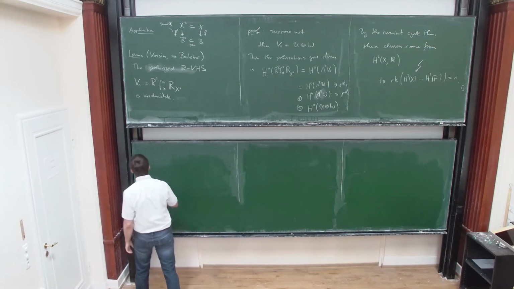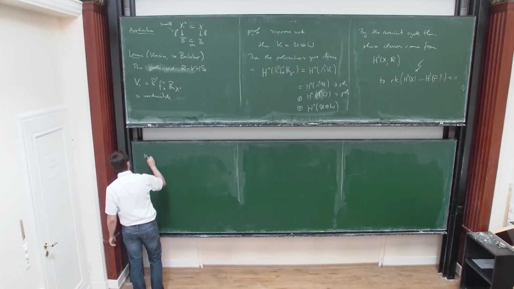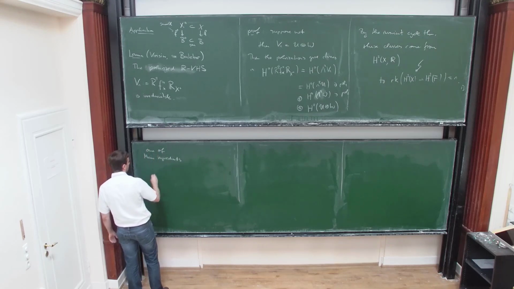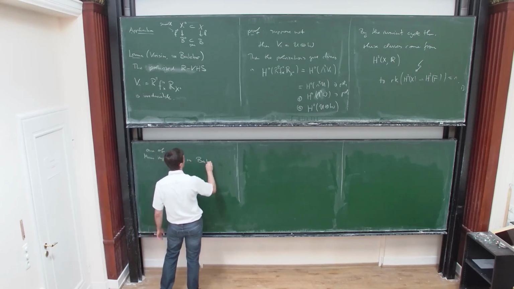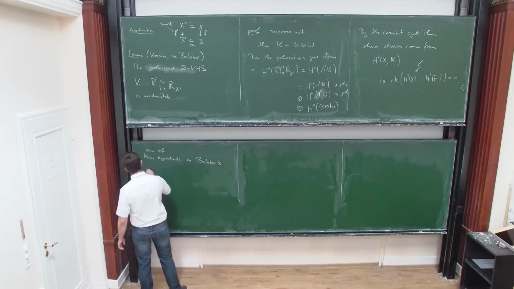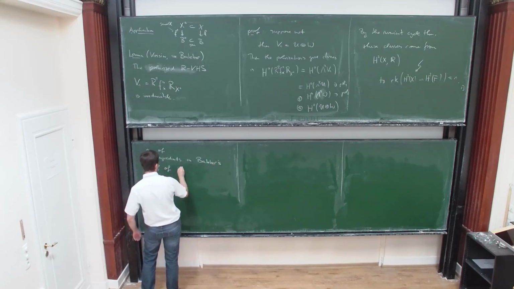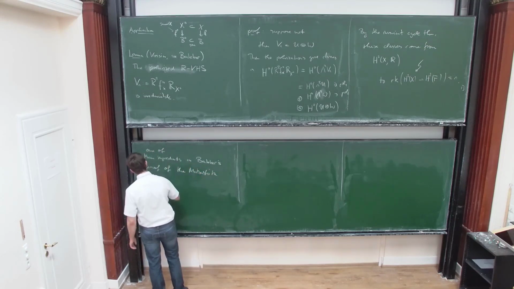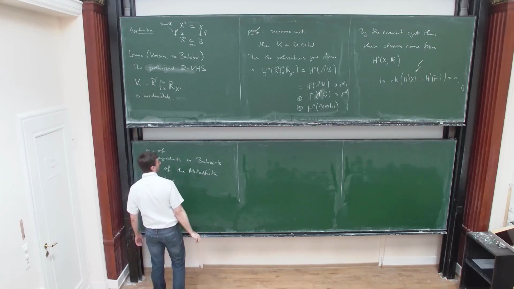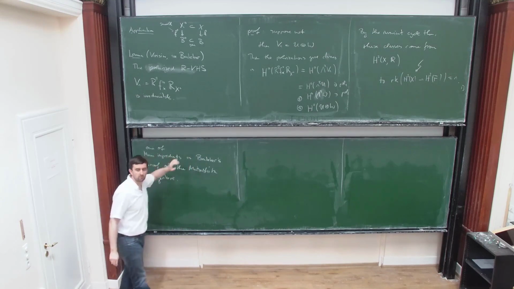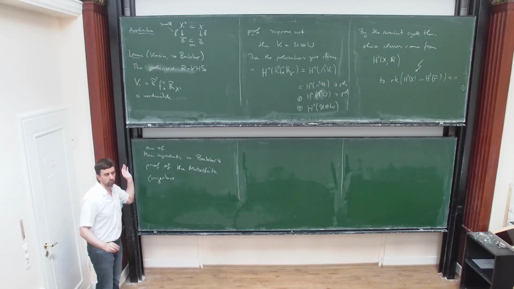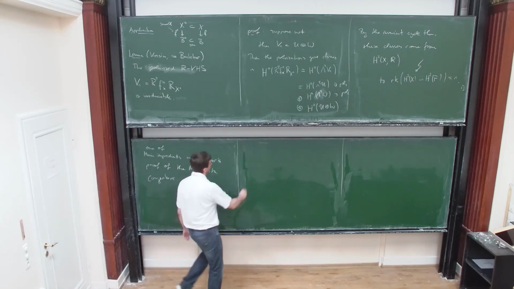All right. And this is one of the main ingredients in Baker's proof of the Matsushita conjecture. We'll see the Matsushita conjecture.